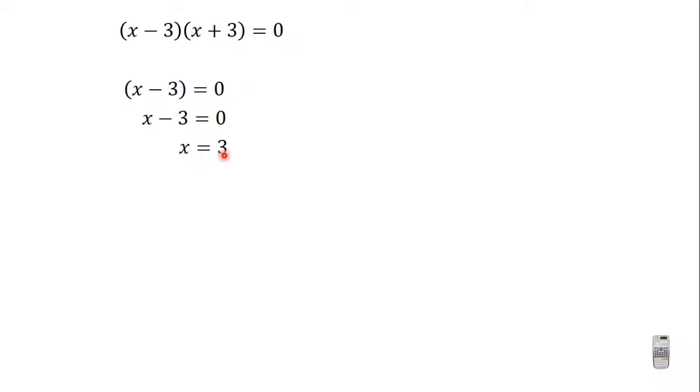So x is equal to 3. Then we will equate the second one also to 0. We have x plus 3 is equal to 0. So x is equal to minus 3. Since it's a quadratic equation, you are going to have two answers for x. So we can say that x is equal to 3 or minus 3.